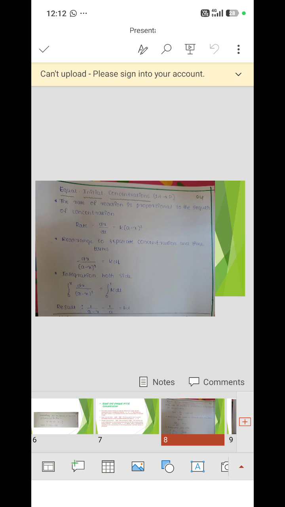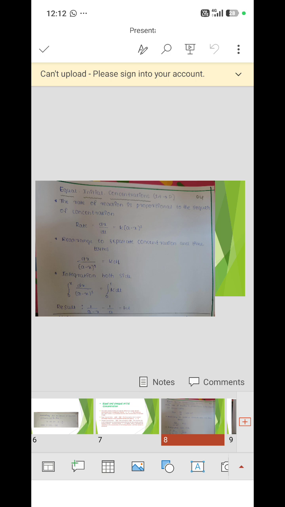Derivation for equal initial concentration. The rate of reaction is proportional to the square of the concentration. Rate is equal to dx by dt is equal to K (a minus x) whole square. Rearrange the concentration and time terms. dx divided by (a minus x) whole square is equal to K dt.